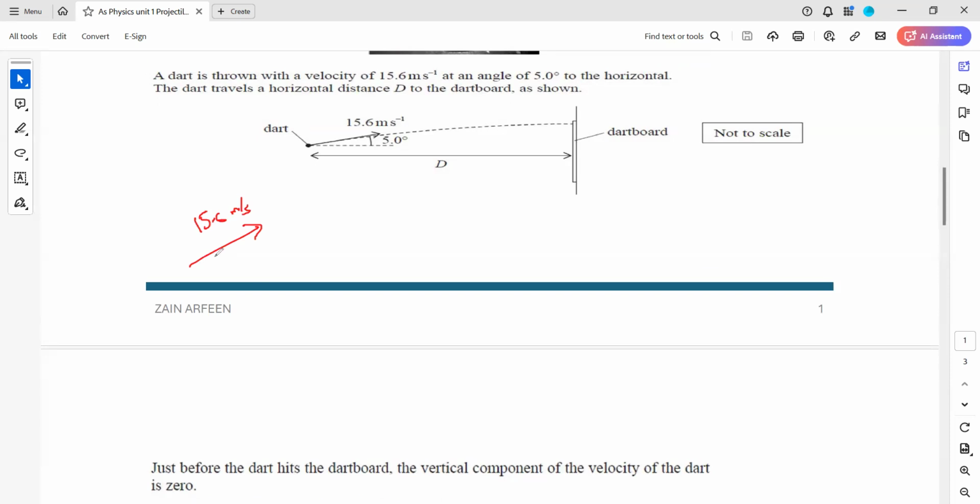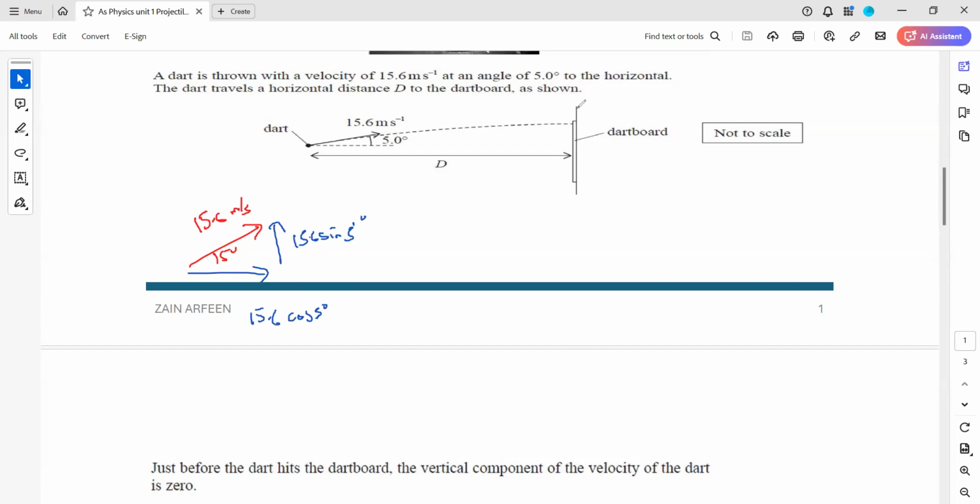And it is making angle 5. So it will have two components. One of the components, which is with the angle, will be equal to 15.6 cosine 5 degrees. And the other component, which is opposite to the angle, will be equal to 15.6 sine 5.